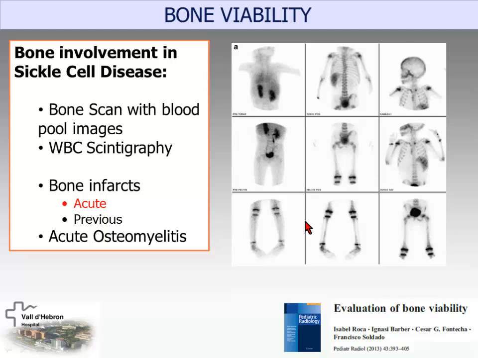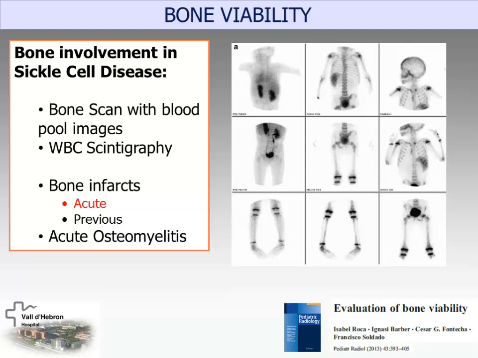Okay. And now we go on the planar images of the bone uptake. We can see the spleen, because in fact it's an acute infarct. What about the vertebra? Very heterogeneous, probably due to previous infarcts in these bones. And now the pelvis.